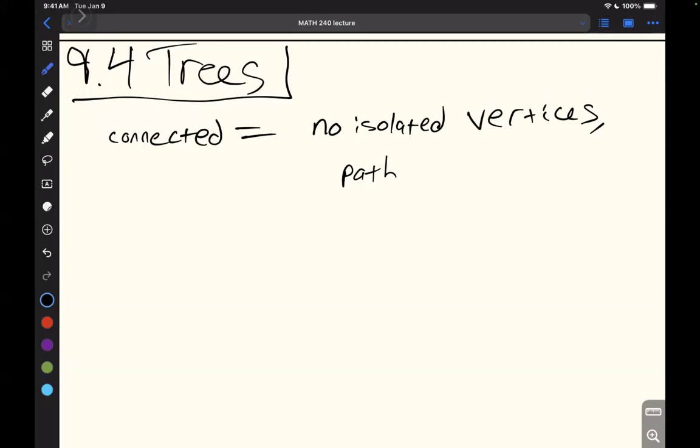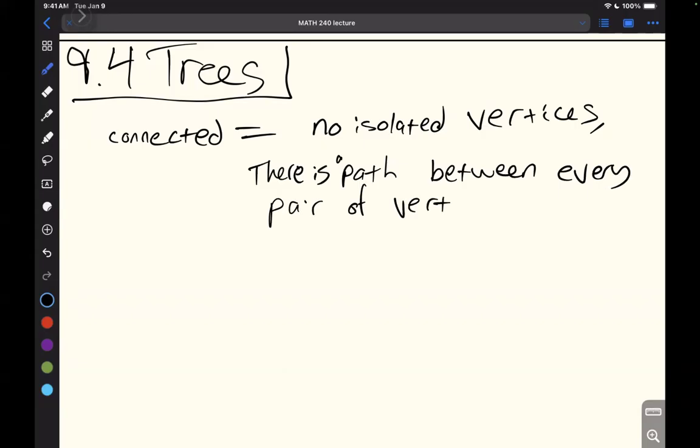So a connected graph is when there is a path between every pair of vertices, which does mean that there's no isolated vertices. So whatever vertex is in our graph, we can go from any one to any other. That's a connected graph.